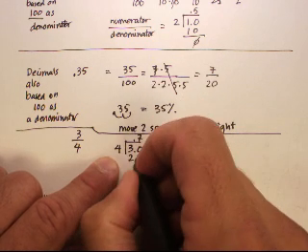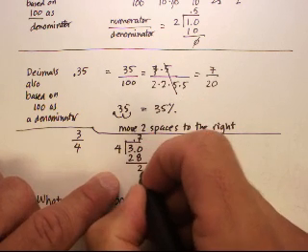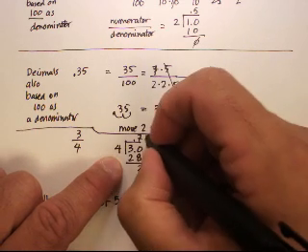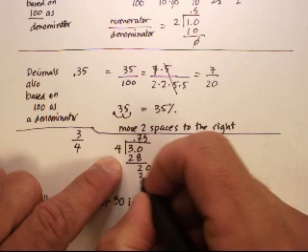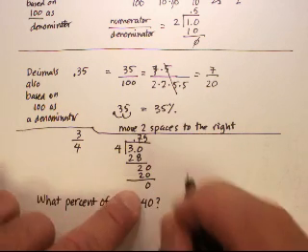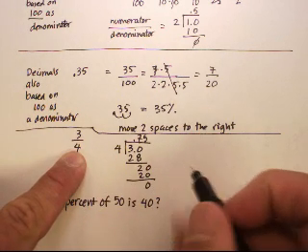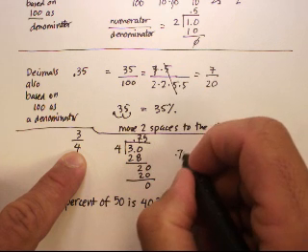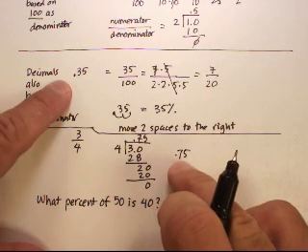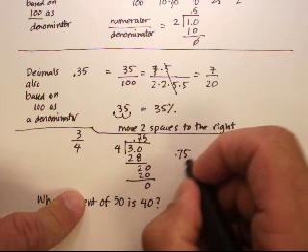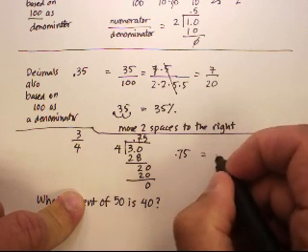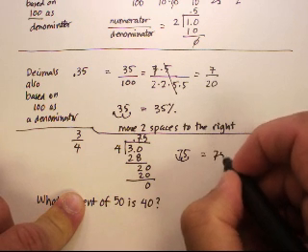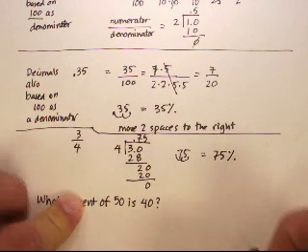We got 7, but this time we're going to have a remainder. And now you ask yourself, 4 goes into 20 how many times? The answer is 5. And again, I have a 0 remainder. So 3/4 as a decimal is 0.75. And remember how to change the decimal to a percentage. We just did that. Move it 2 to the right, drop the decimal, add the percentage. And there you go.